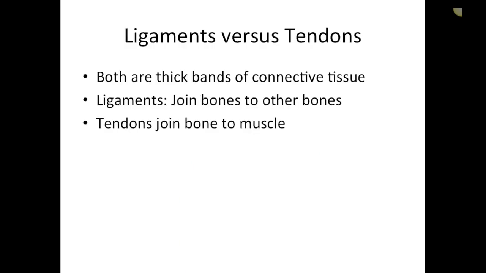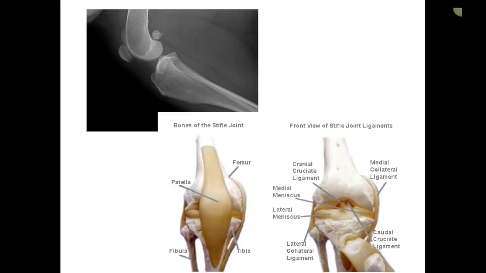A good example I like to think of, cruciate ligaments are all within the knee, so within the stifle. There are various cruciate ligaments. It's one that you'll often hear of dogs, quote, blowing their cruciate, i.e. blowing their cruciate ligaments, whether it's the lateral, collateral, etc. Tendons, I like to think of your Achilles tendon, and that is the muscle joining to bone.